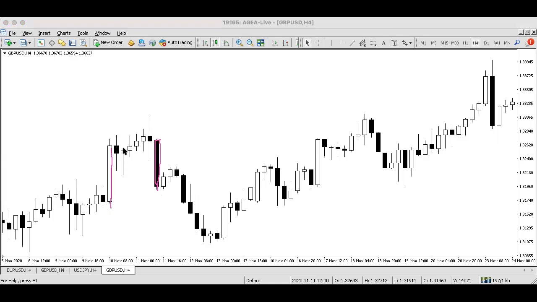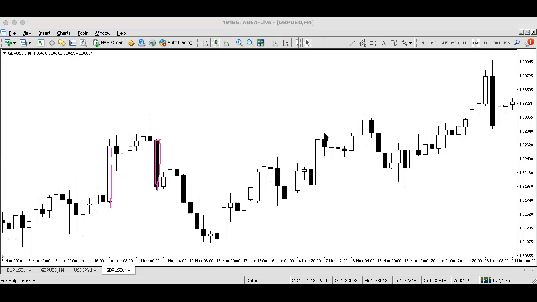The reason why big candles is because those are the places where buyers and sellers come in more. So big candles are momentum.